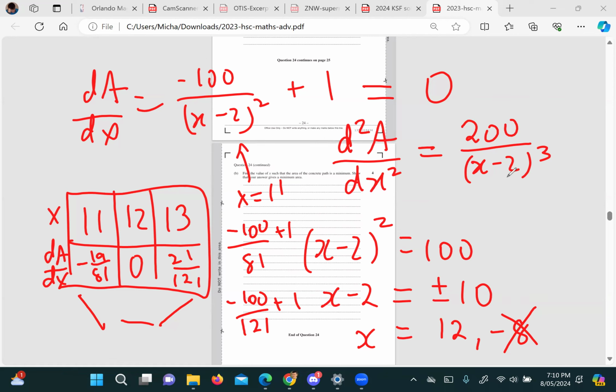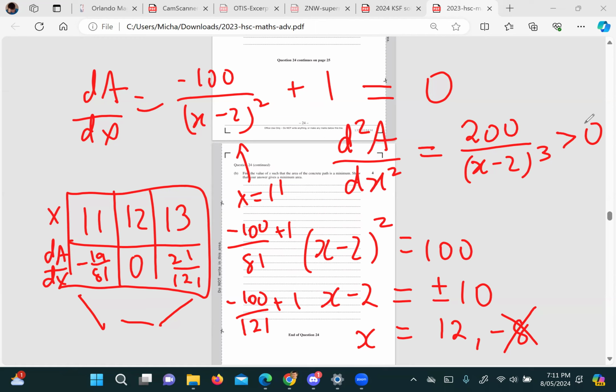Okay, so this thing is always positive, right? Yes. Can you explain why it's always positive? I'm just having a look at it.